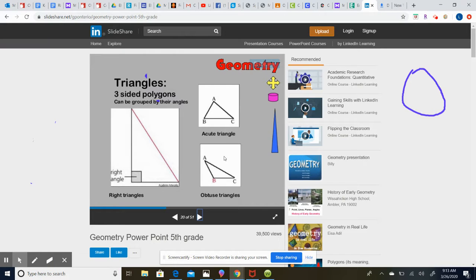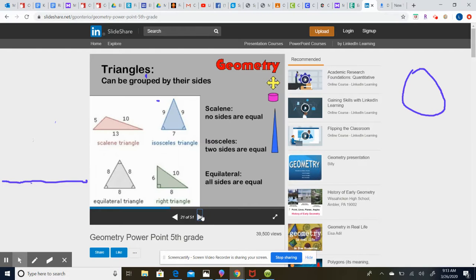Remember that above, it's from 91 to 179, because once you get to 180, you have a straight line, which isn't an angle. Okay, so that's important to remember as well. Now, these are other angles, triangles, and we will come back to that.